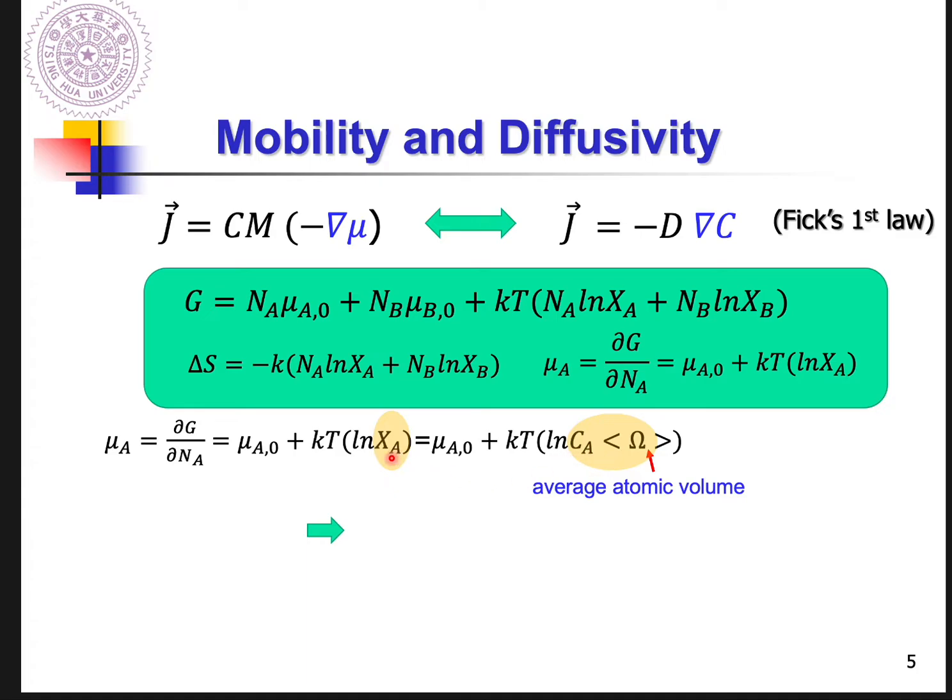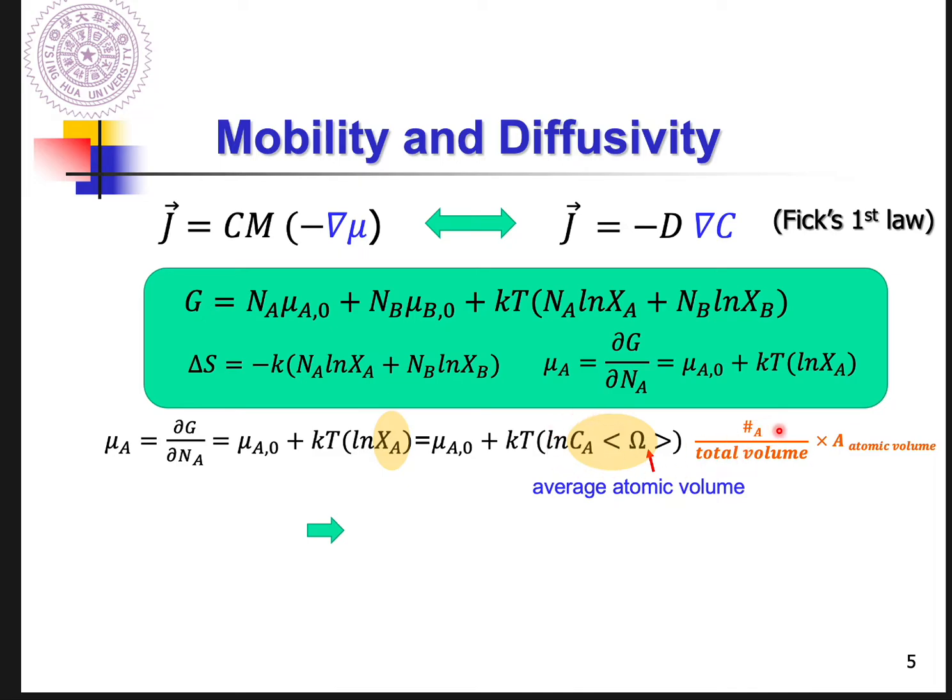So why can we do this? The atomic fraction is actually the volume fraction: the volume of atom A over the total volume of the material. What is CA?